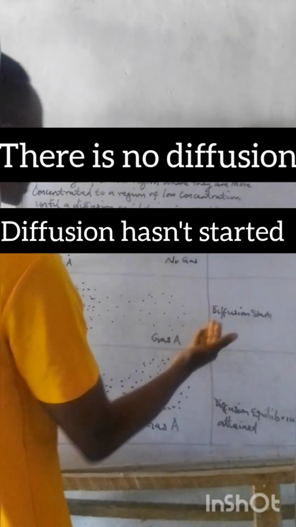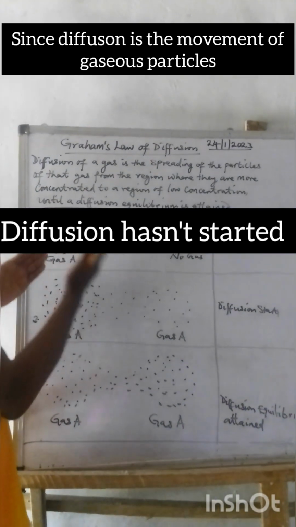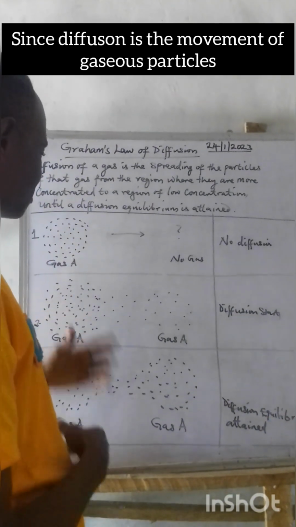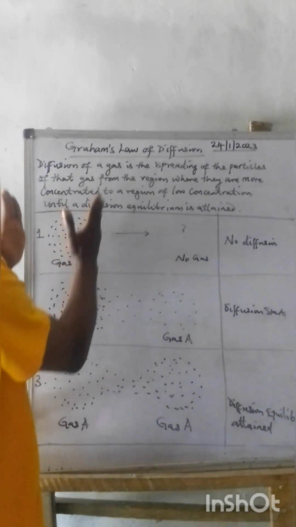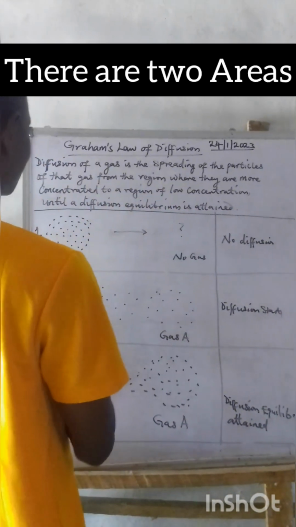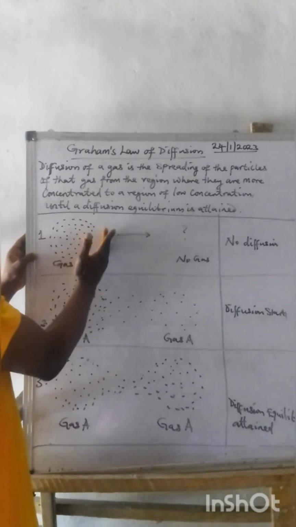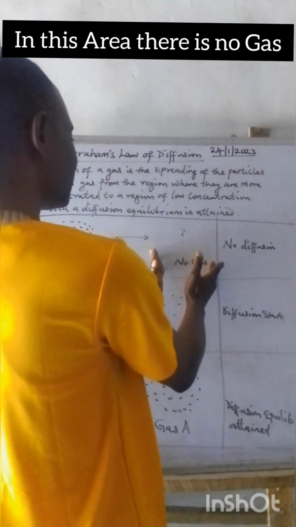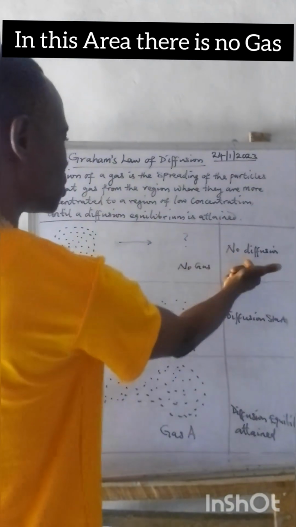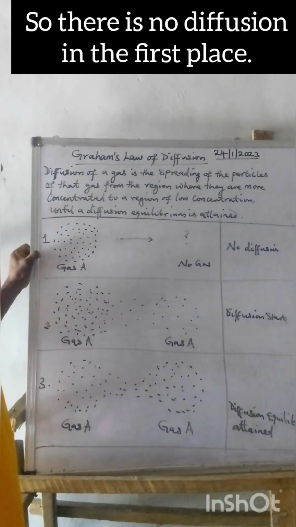Diffusion has not started. Since diffusion is the movement of gaseous particles, there is no movement, it's evident here. There are two areas. In this area, there is gas A. In this area, there is no gas. So there is no diffusion in the first place.